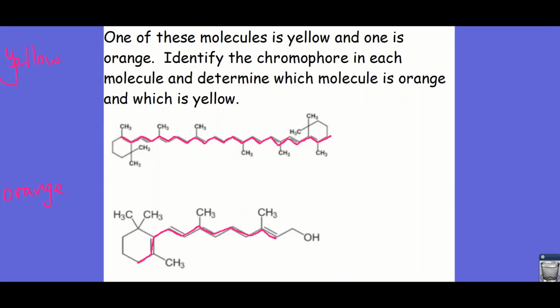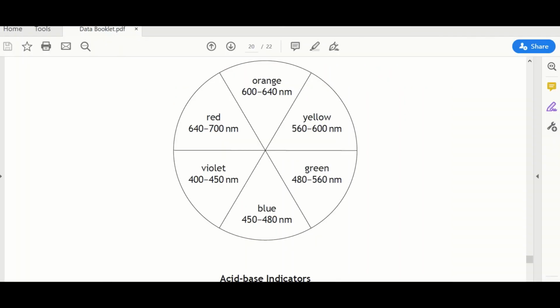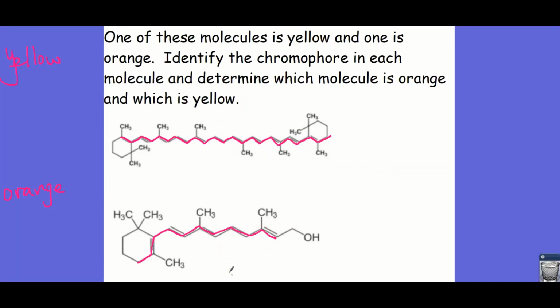If you go to your data booklet and you look at this, it's page 20 of your data booklet, you'll see the complementary colour of yellow is violet, the complementary colour of orange is blue, and you also see their corresponding wavelengths. So let's write that in as well.